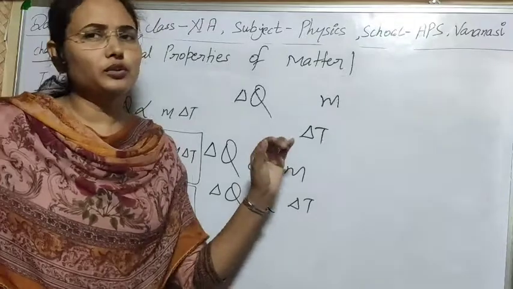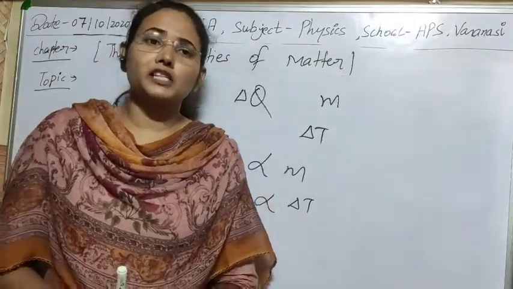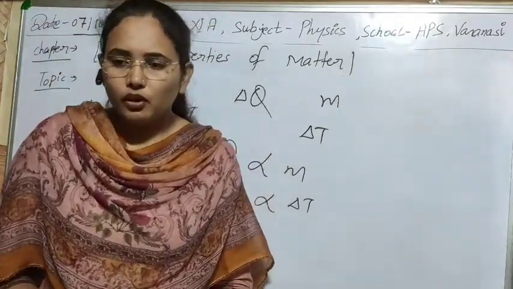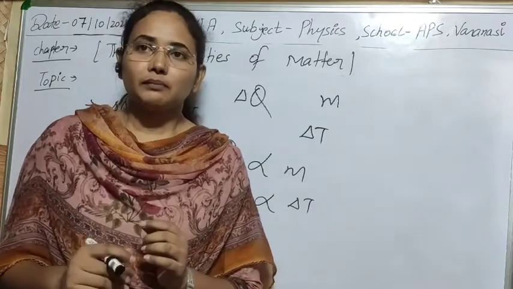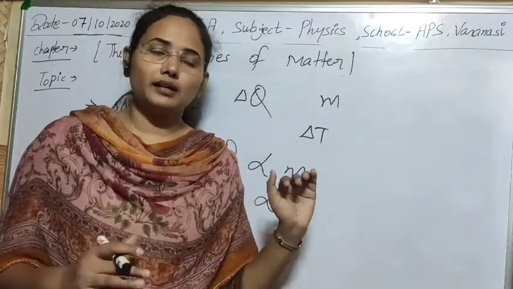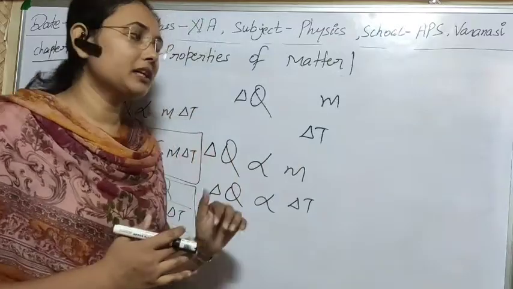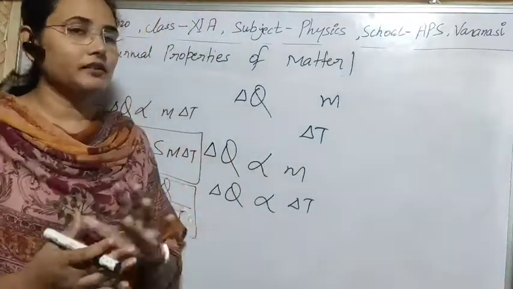Here I want to tell you one more concept, which is specific heat capacity. What is the specific heat capacity? Later I will tell you more about it, but here I just want to tell you its definition.